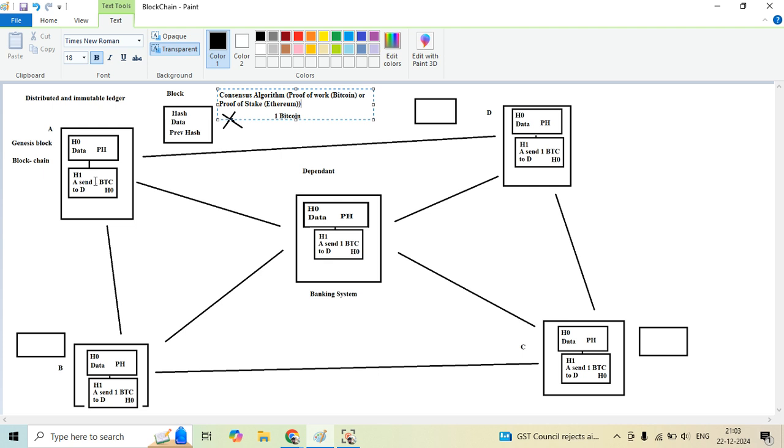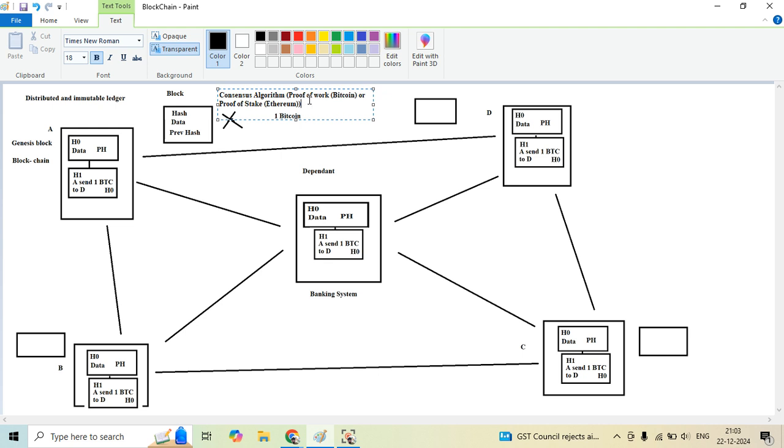It has been broadcasted to all the distributed blockchains, but they can add it only when a consensus has been reached, and that consensus is reached by proof of work and proof of stake.